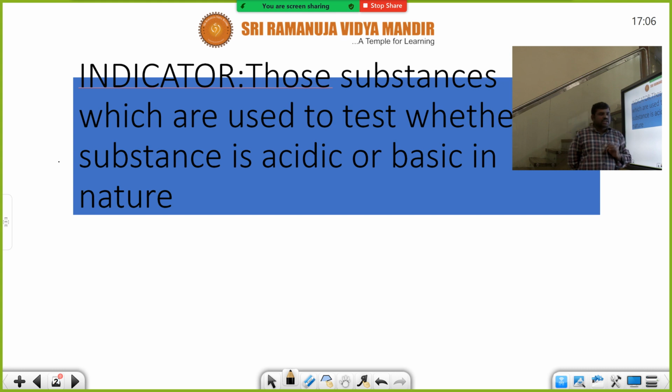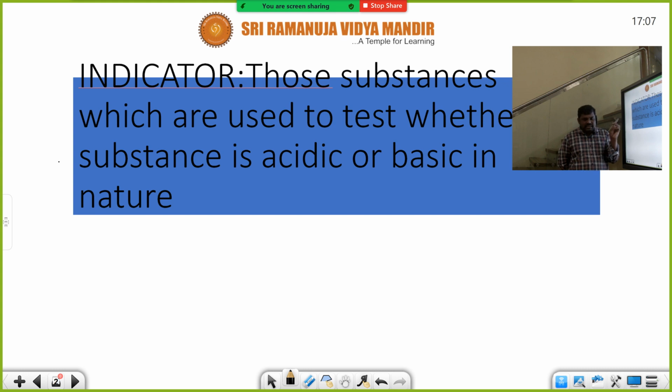Okay, next. In this concept, for competitive exams, you should keep in mind what type of color is produced by phenolphthalein or methyl orange in the presence of acid or base. Methyl orange indicator in the presence of acid gives red or pink. Some books say red, some books say pink.